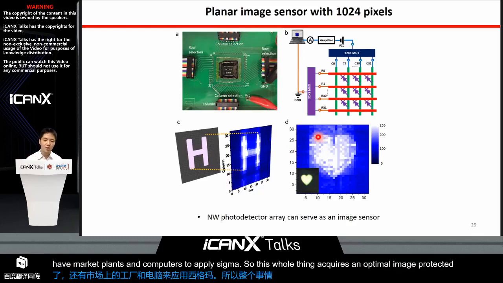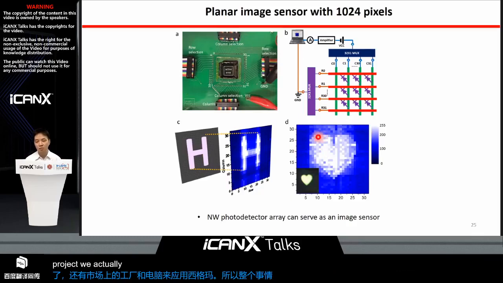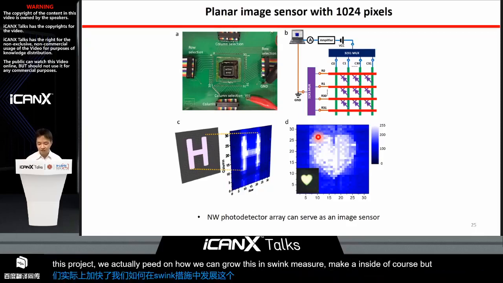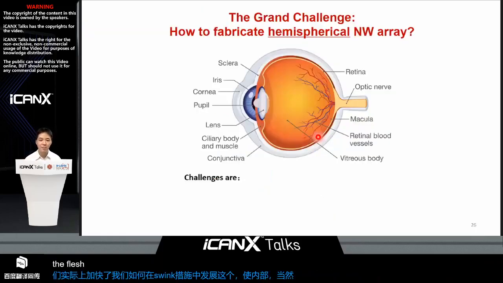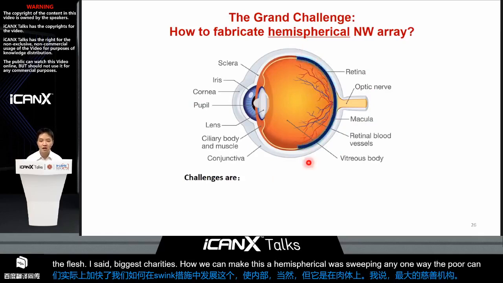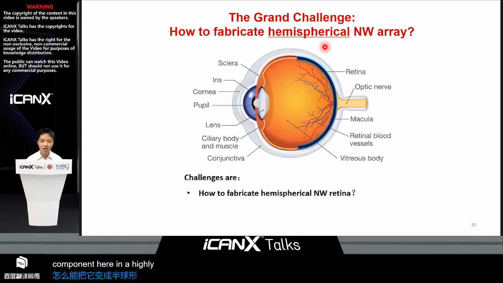So through this project, we figured out how we can grow this three-dimensional nanowire array inside the porous template. But that was on a flat substrate. The biggest challenge is how we can make this hemispherical or 3D nanowire array, because our retina, the core component here, is hemispherical, right? So how can we fabricate a hemispherical nanowire retina?